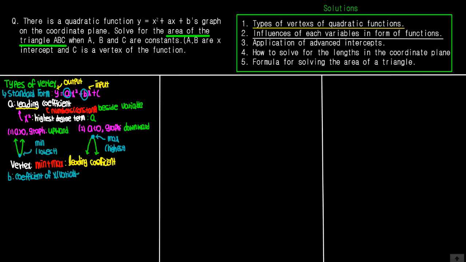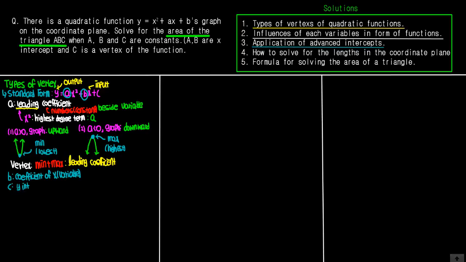This is what b is. Now let's think about what c is. C is our y-intercept. And from here, we need to think about the definition and the advanced application of the intercept, which will be our third solution for approaching these questions.